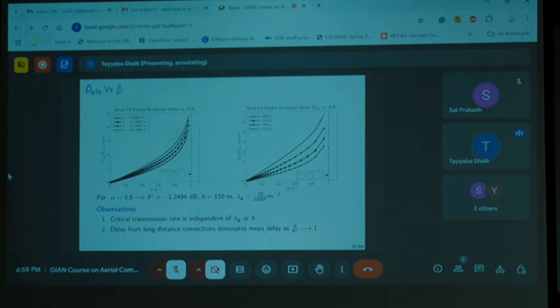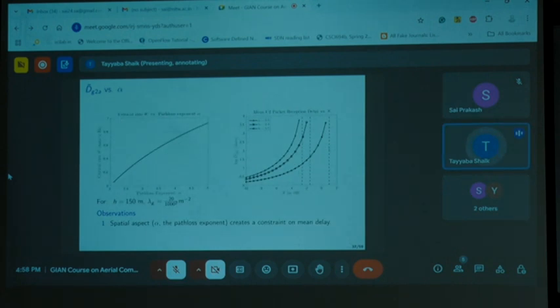Okay, next one. One more result is that with the increase in path loss exponent, we observed a decreased mean delay. The reason is that as you increase your path loss exponent, as you operate in denser regions, you see reduced interference from the neighboring base stations because your alpha is very high.